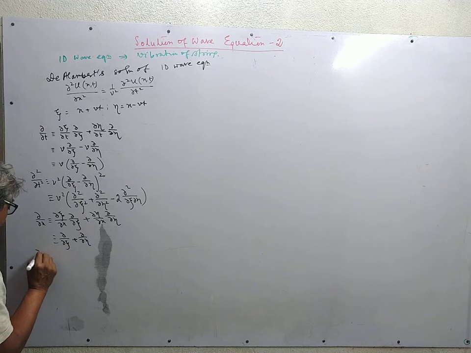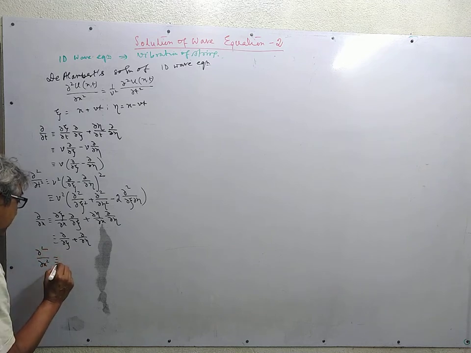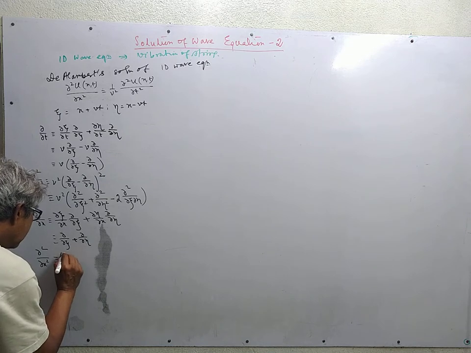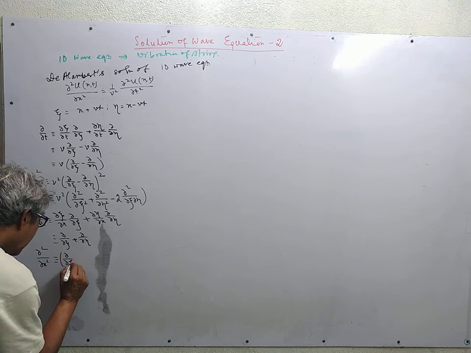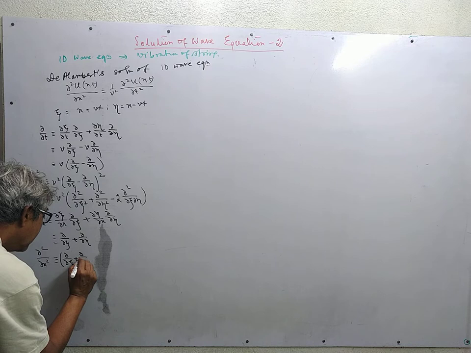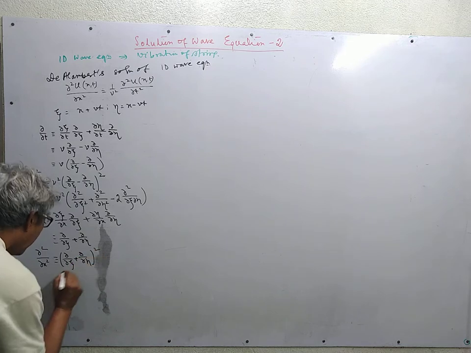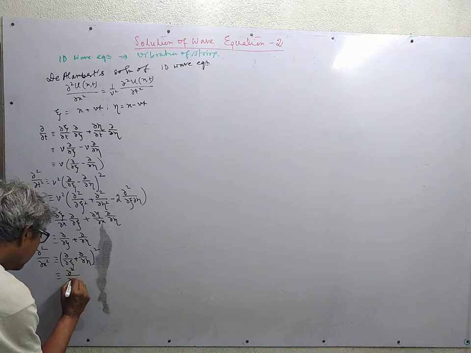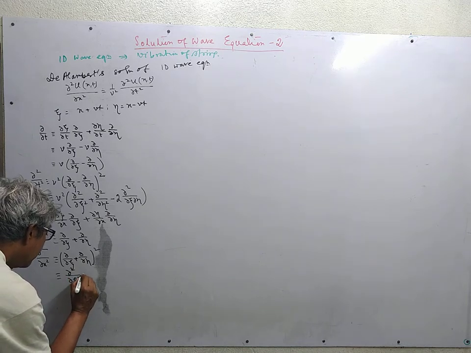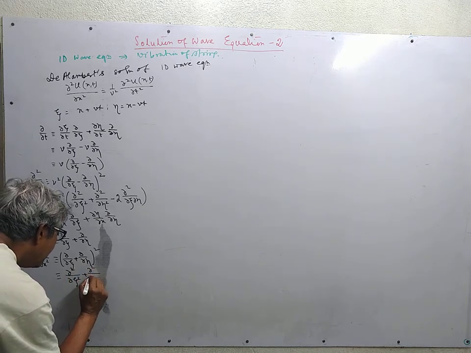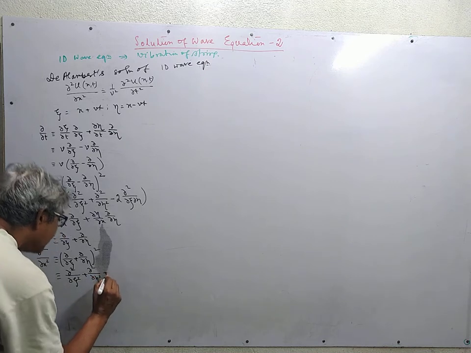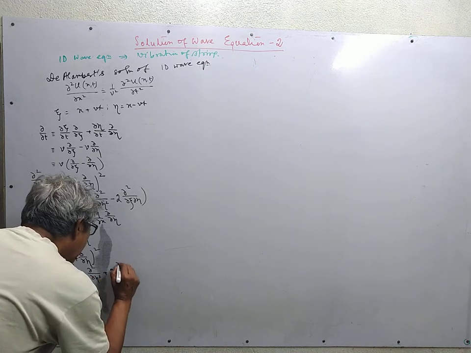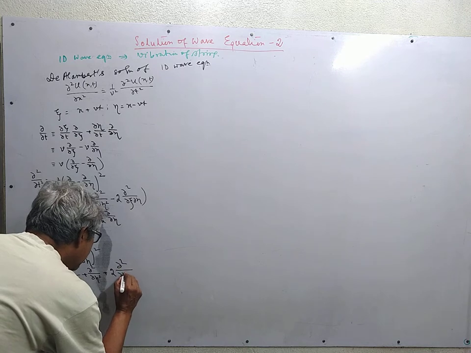So del 2 by del x2 is simply del by del xi plus del by del eta raised to the power 2. This is del 2 by del xi 2 plus del 2 by del eta 2 plus twice del 2 by del xi del eta.